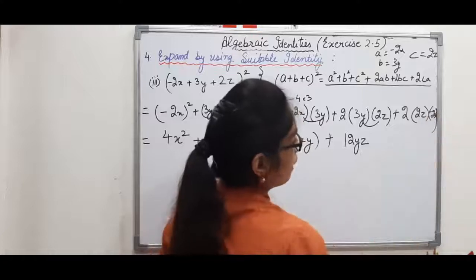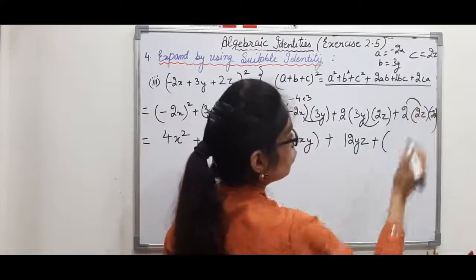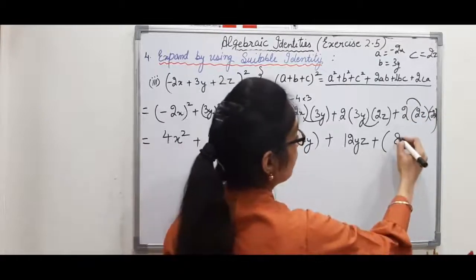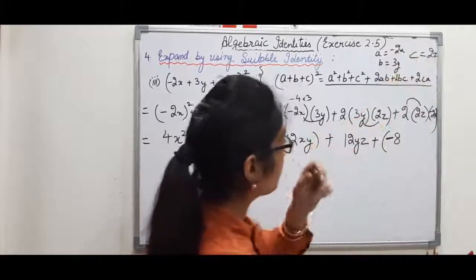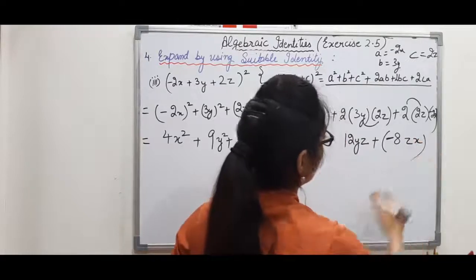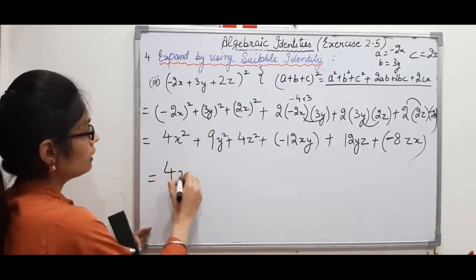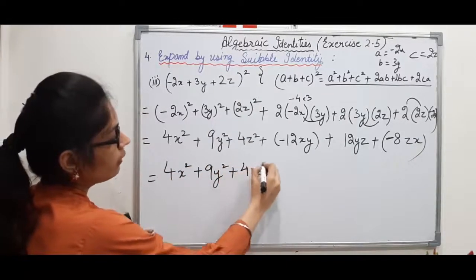So here again we have minus sign. So this plus I will write as it is. 2 into 2 is 4. 4 into 2 is 8. So 8 along with the minus sign, because with 8 we have minus sign. Variables are z and x. So same way we have to write the variables. 4x square plus 9y square plus 4z square.